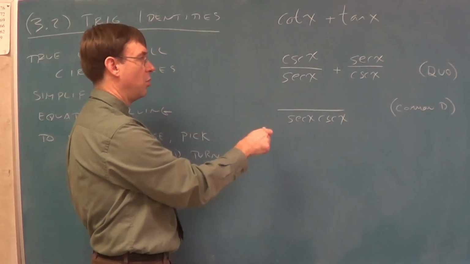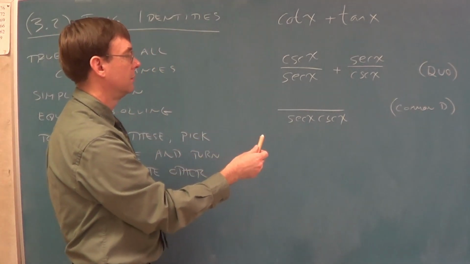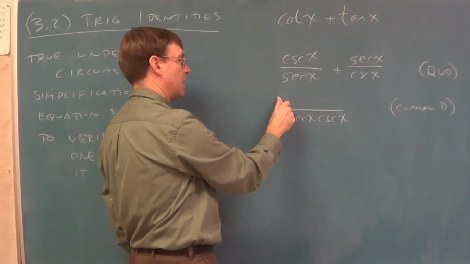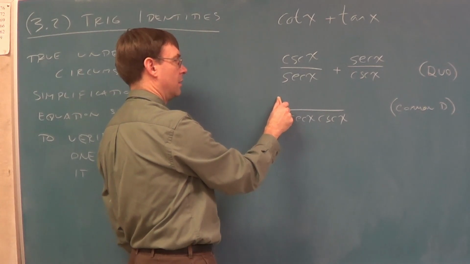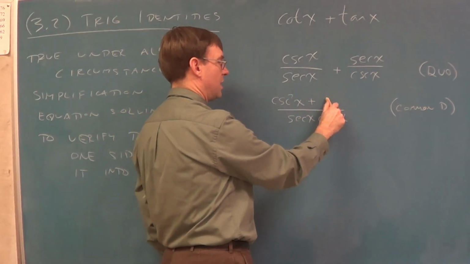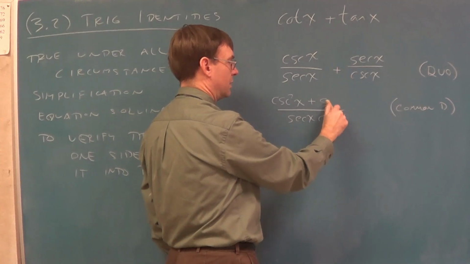If you're going to change the bottoms, you have to change the tops. So cosecant times cosecant is cosecant squared. Secant times secant, secant squared.